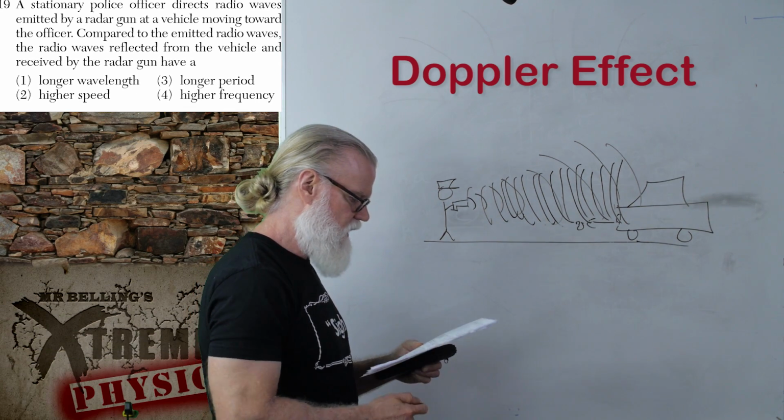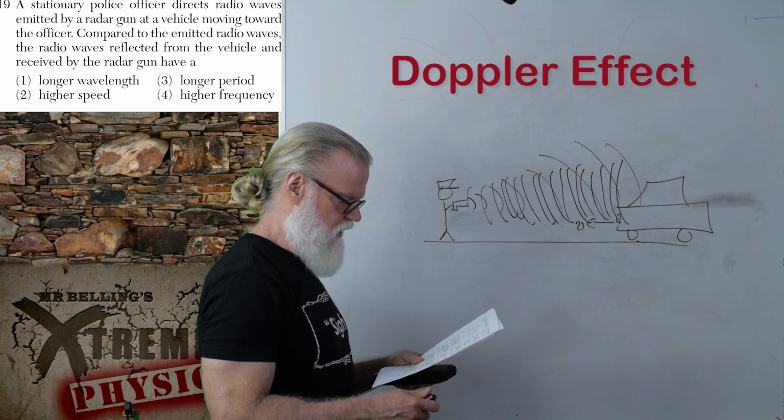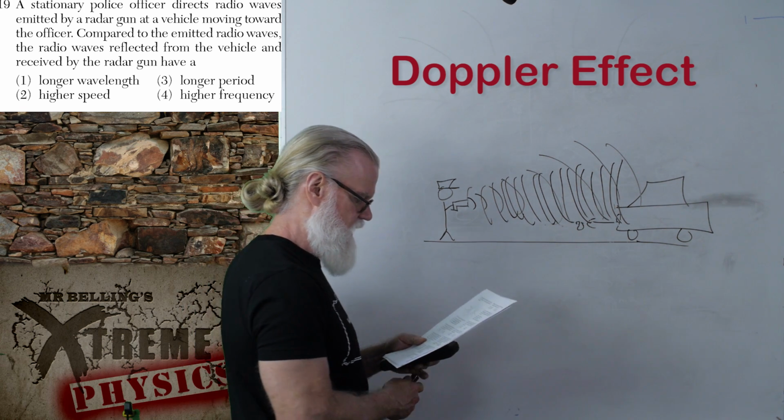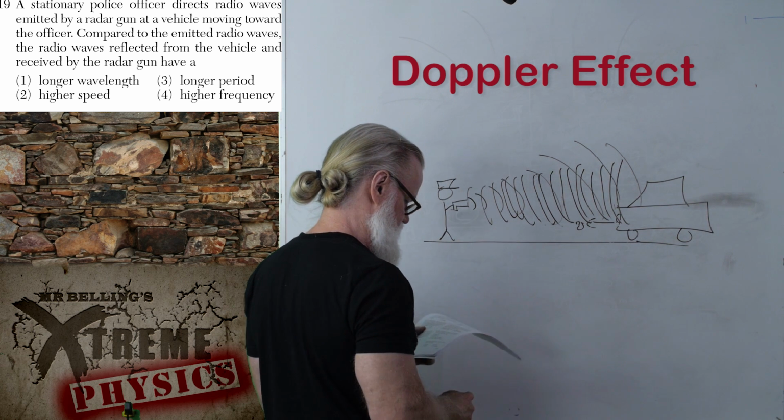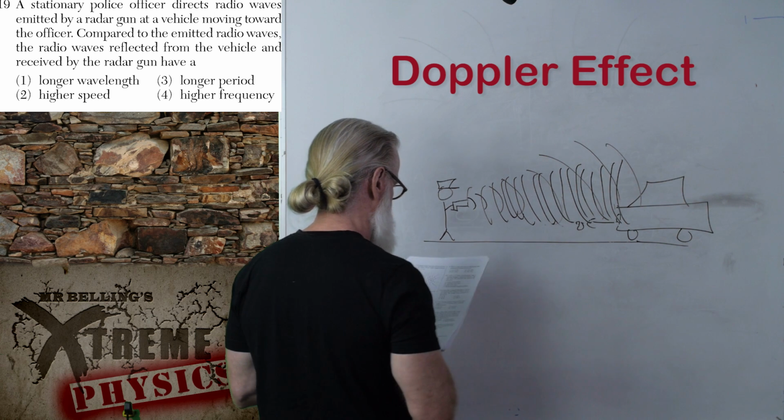And what was the question? Compared to the emitted radio waves, the radio waves reflected by the vehicle have a shorter wavelength. Let's see, what do they have?